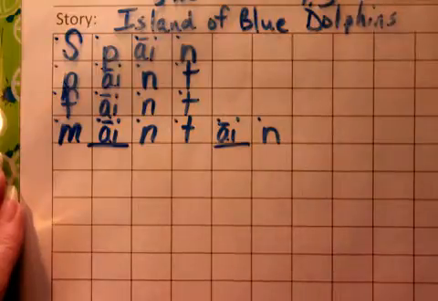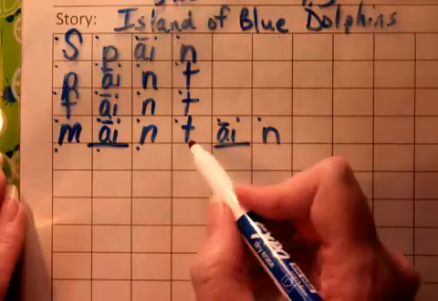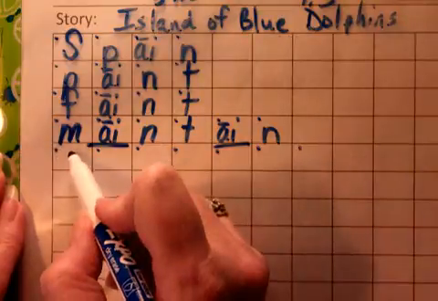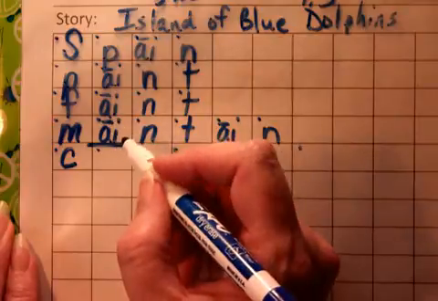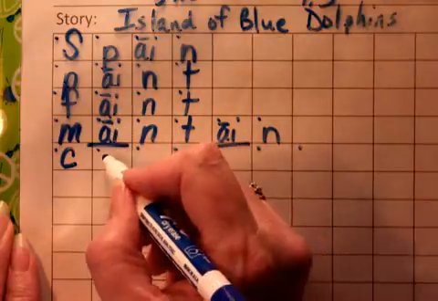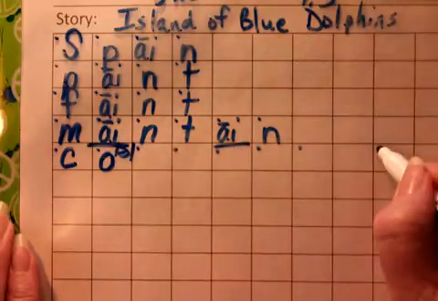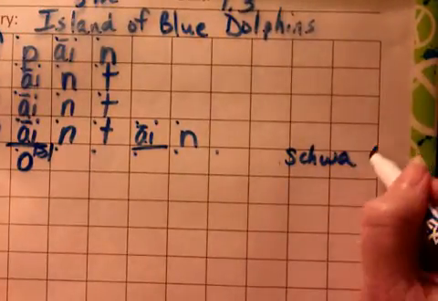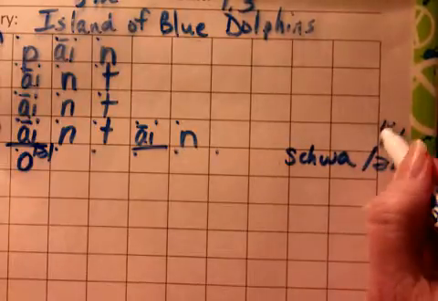Maintain. The next word is complain. I don't mean to complain. That's the sound. It sounds like a short U, but it's actually the O. It's the schwa sound that's making that. Let me spell it over here. Schwa. That's the upside down E. It represents the short U sound.